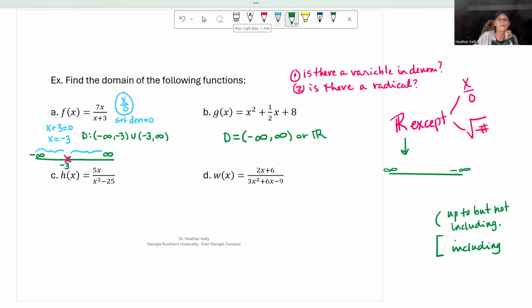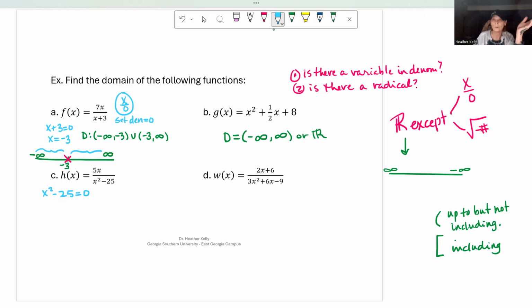Let's go to the next one. H of x is equal to 5x over x squared minus 25. Now, is there a variable in the denominator? Yes, there is. Is there a radical? No, there's not, but there's a variable in the denominator. So we need to set the denominator equal to 0 and solve it.